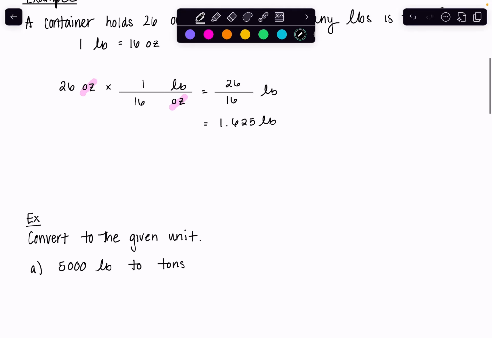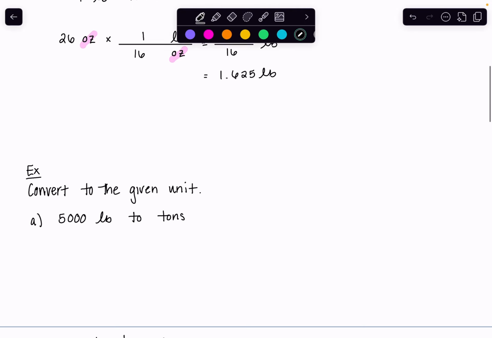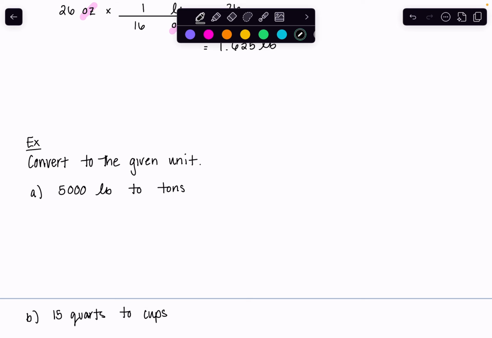For these next ones, we're just going to convert to the given units. And so we're going to start with pounds to tons. And again, 1 ton is equivalent to 2,000 pounds. Okay. So if I'm starting with 5,000 pounds, to get rid of my pounds unit, it goes in the bottom.